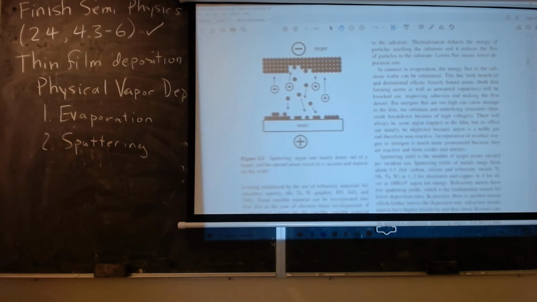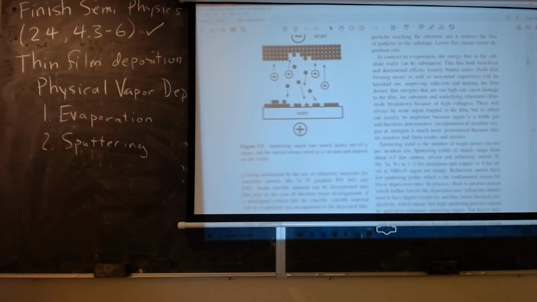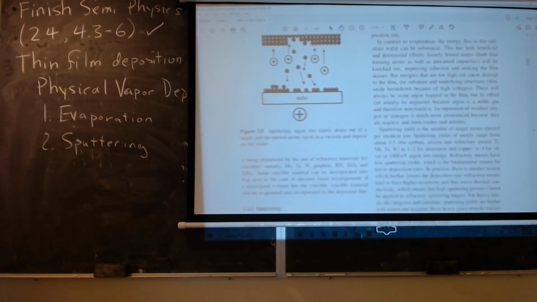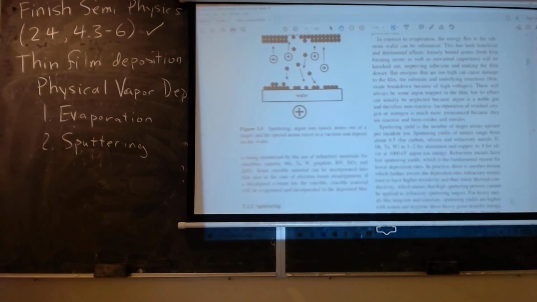But the way I'll leave this is that sputtering is something that you have to spend a lot more time on developing the recipe, because there's a lot of things you need to take into account. The ion energy, and this talks about sputtering yield, which basically means, for a given sputtering atom, how many atoms of the material are actually put into the film, and all that results in sputtering tending to have a lower deposition rate.